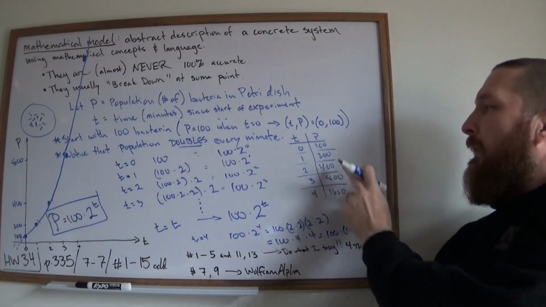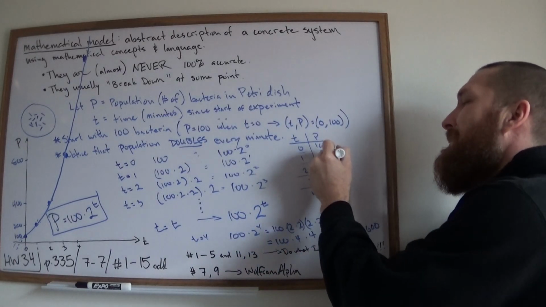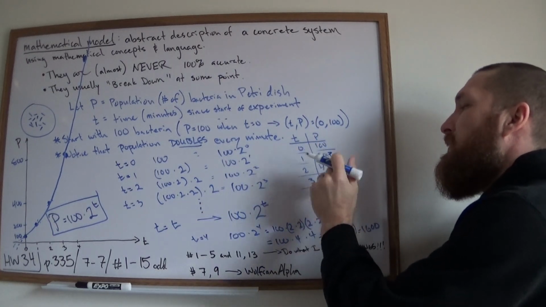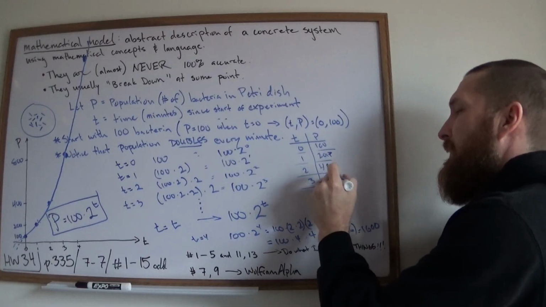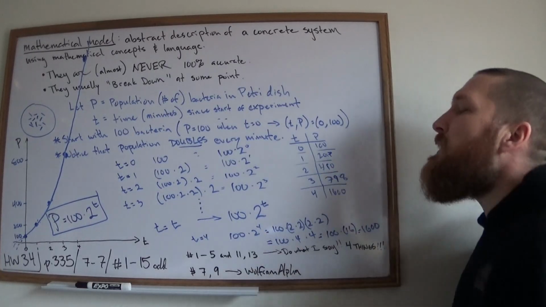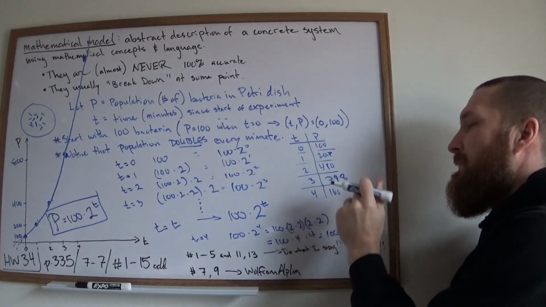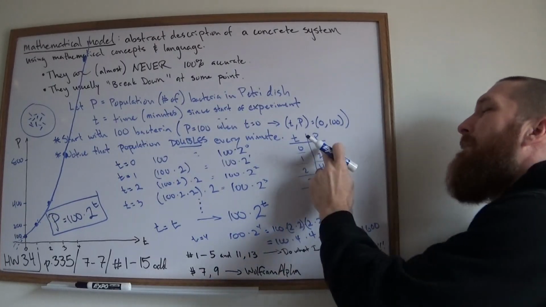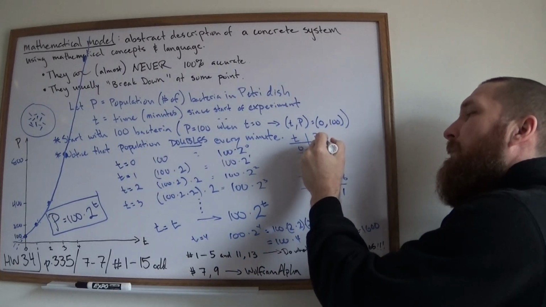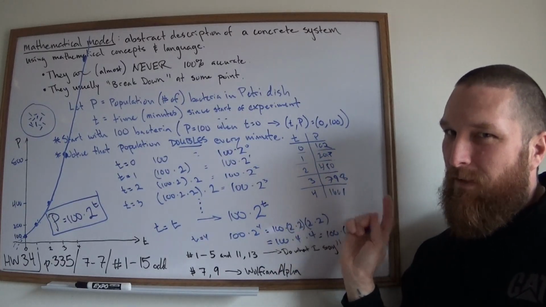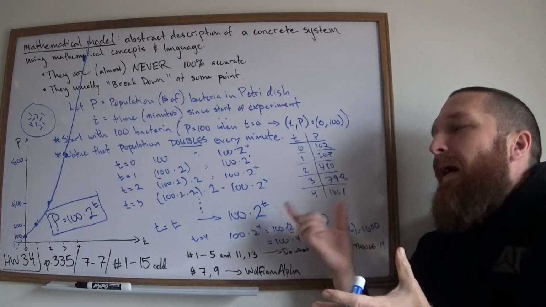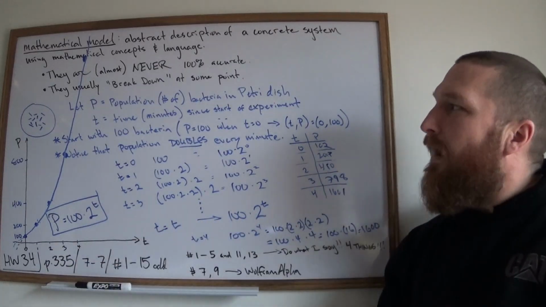But in reality, this would probably be 207, and this is probably 410, and this might be 798 or something like this. This might be 1601, and maybe it wasn't exactly 100, maybe it was 102. That's real data, it's more like that. You could simplify it and say, yeah, this is close enough.